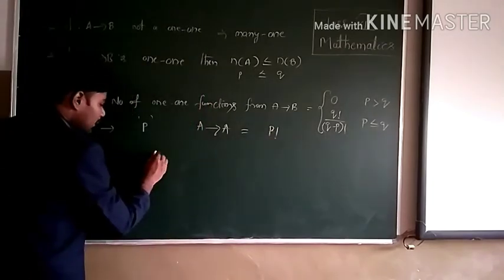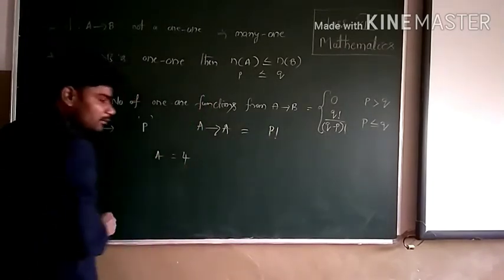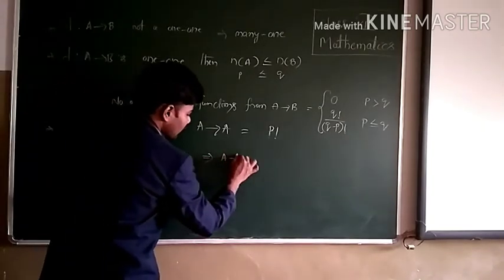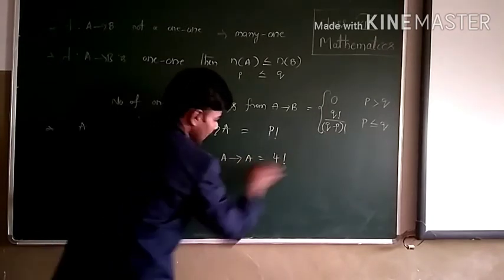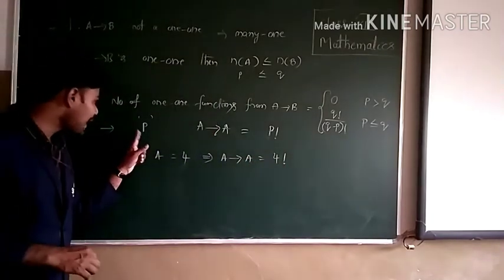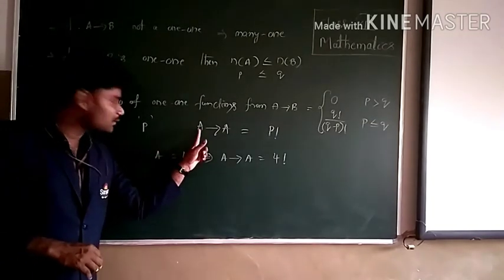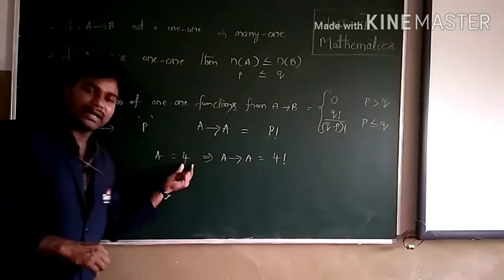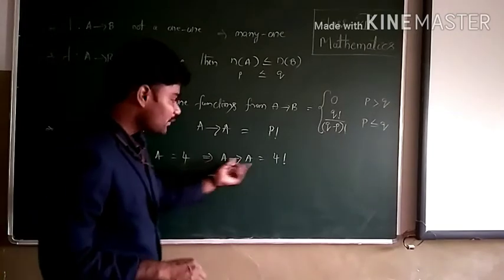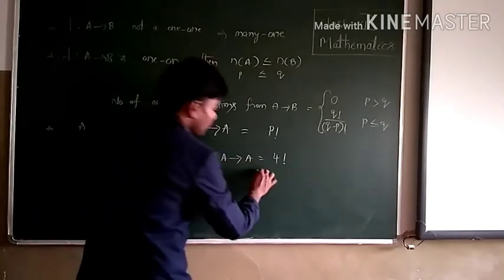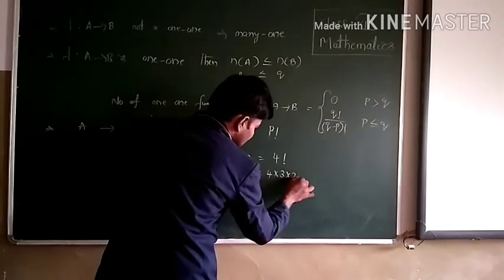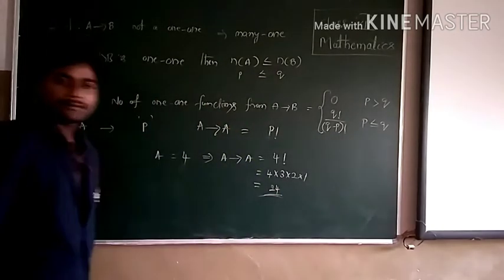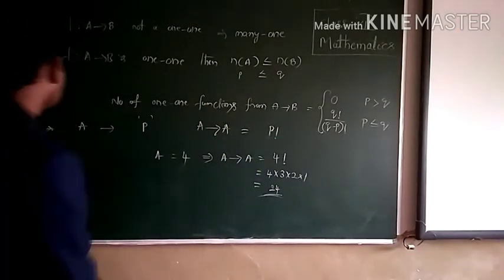Suppose set A has 4 elements, then the number of one-one functions from A to A is equal to 4 factorial. 4 factorial means 4 into 3 into 2 into 1. Here in total we will get 24 one-one functions. Right? This is about one-one function.